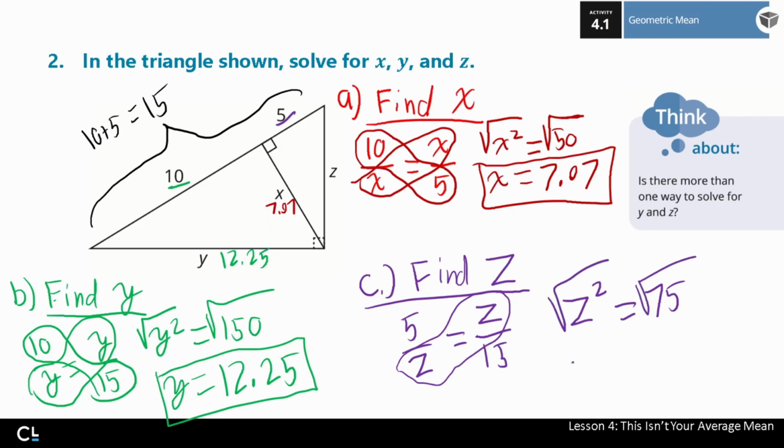It cancels here, and we're left with z equals, and we have to find the square root of 75, which is going to be, if we round to second decimal place, 8.66. There we go. Box it off. I'm just going to write it in my little thing over here, 8.66. And there we go. We found all of our answers. Now, don't forget, if you're confused, ask your teacher. If it's me, it's Miss Harris, or if you have another teacher, don't forget to ask us for help.